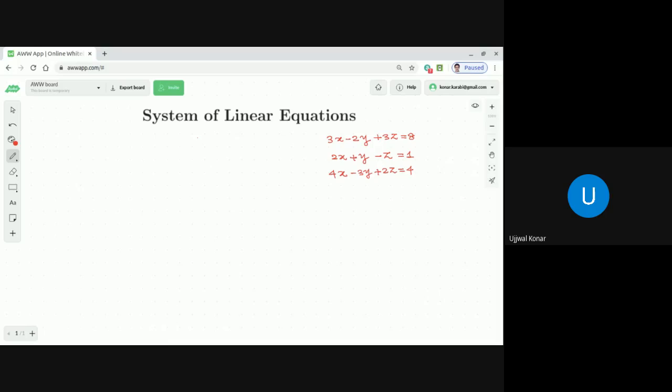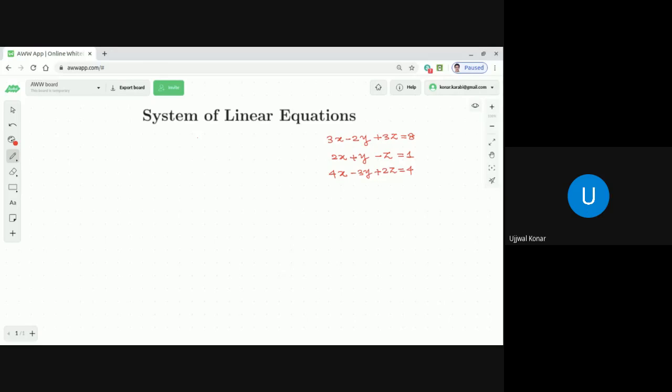Solution means the values of x, y, and z which are satisfied by all the three equations. That is why it is called a system of linear equations. So in today's session, we are going to learn how to solve this system of linear equations, and we will take help from matrices and determinants.